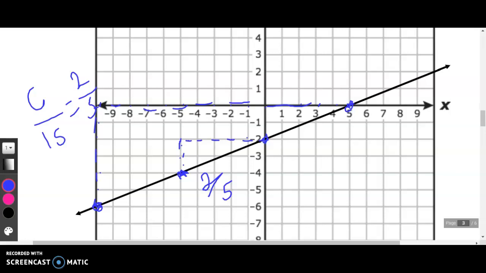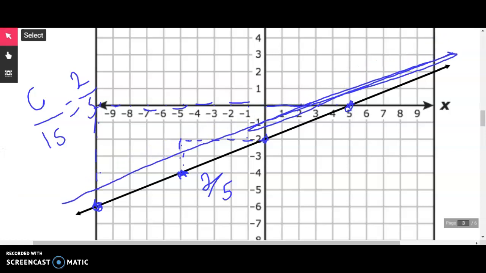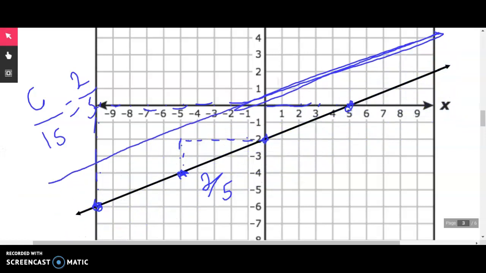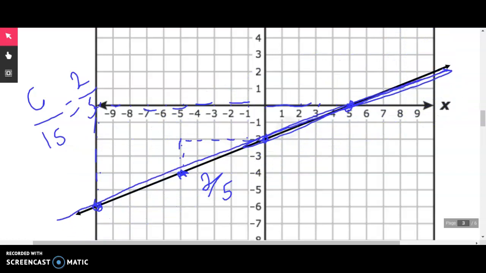Now, this line has a slope of 2 over 5. If I drew any line anywhere on this graph that was parallel to this line, I know that wasn't quite perfect, but anything that's parallel is going to have the same slope. So if I move this down here or up here, anywhere I move this, see that line?